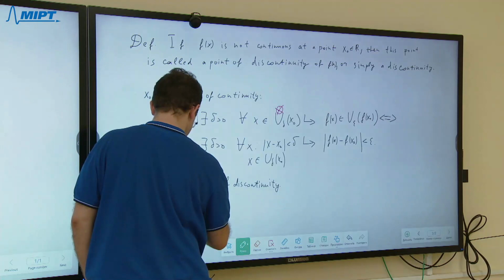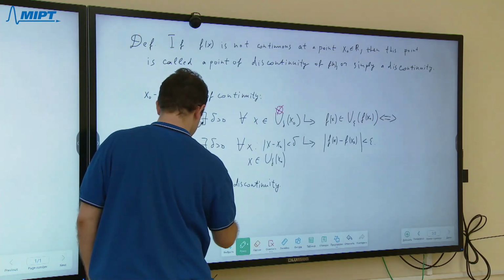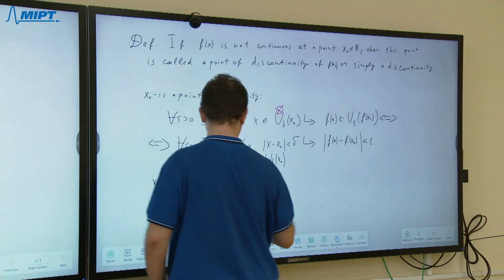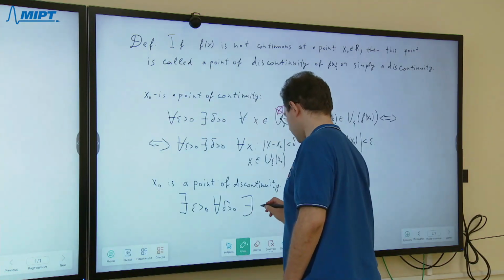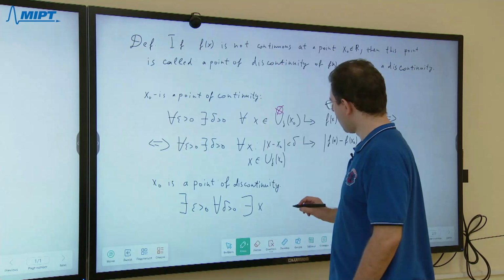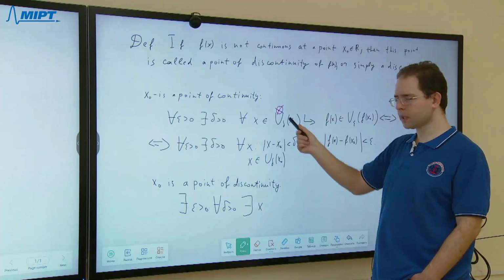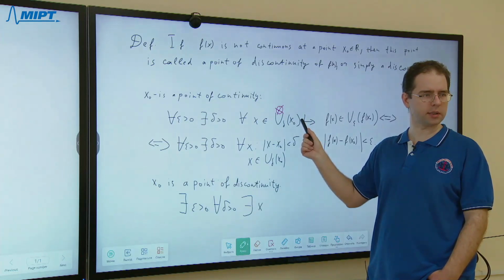There exists epsilon such that for any delta there exists x. Once again, I could have written that x is from deleted delta neighborhood, but I really don't need it.